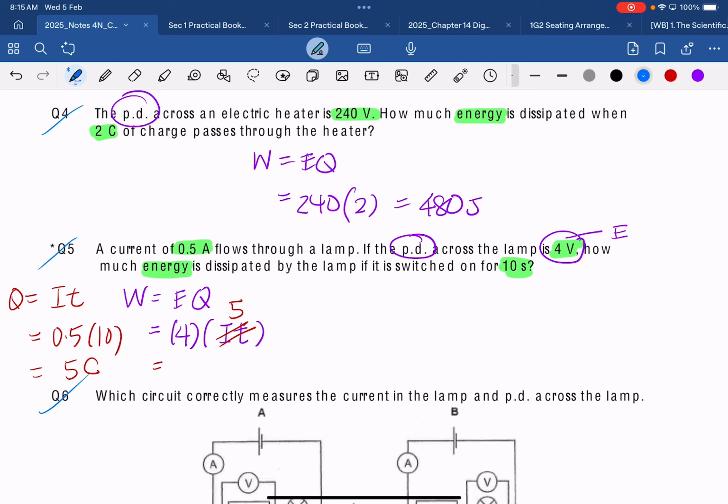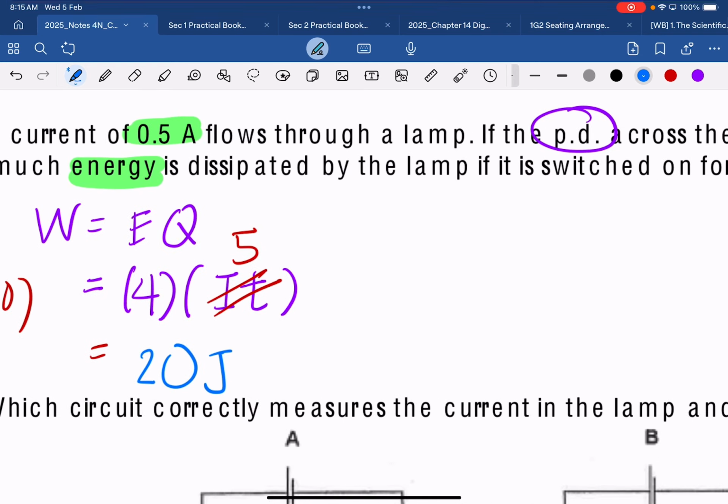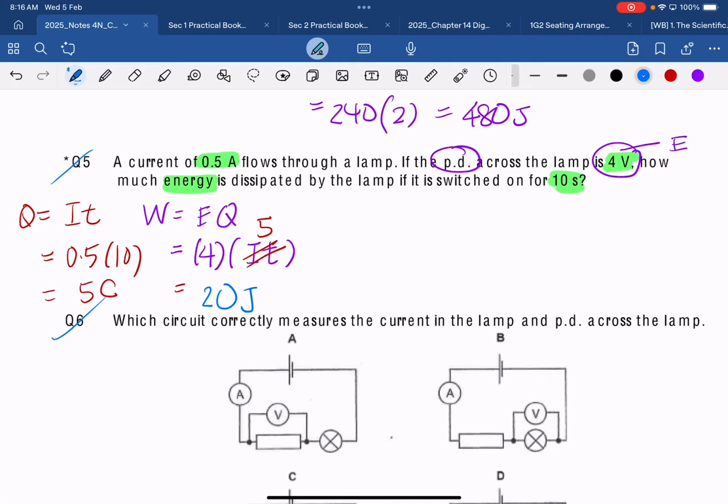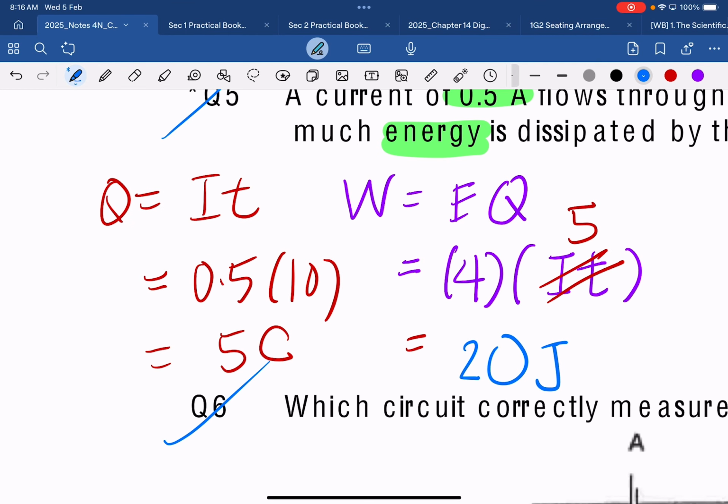Okay, so this will be 20 joules. I'm not saying that you cannot do it together. You can do it together, just like what I wrote over here, 4 bracket IT. But you must make sure that it's correct. If not, if you are very kiasu or scared, then I would suggest you do it separately, one by one like that.